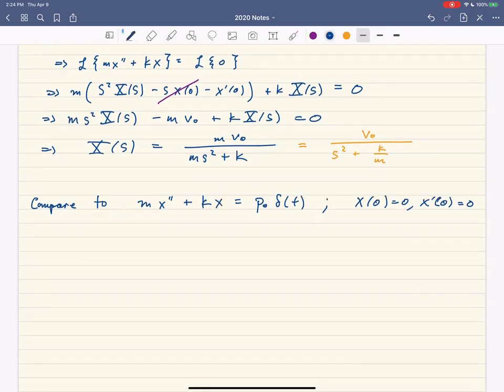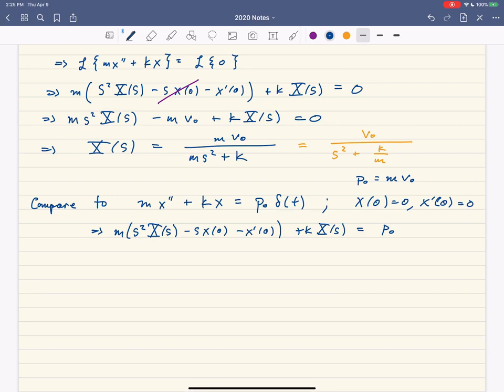If we take the Laplace transform of both sides, the Laplace transform of the left is going to be the same: m times the quantity s squared capital X of s minus s little x of 0 minus x prime of 0, plus k times capital X of s. P naught is a constant. P naught refers to the initial momentum of the system, and momentum is given by mass times velocity. So the momentum here is m times v naught, the mass times the initial velocity.